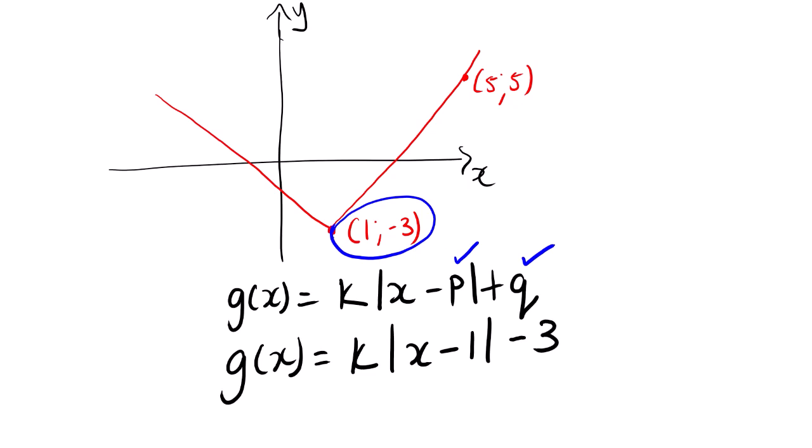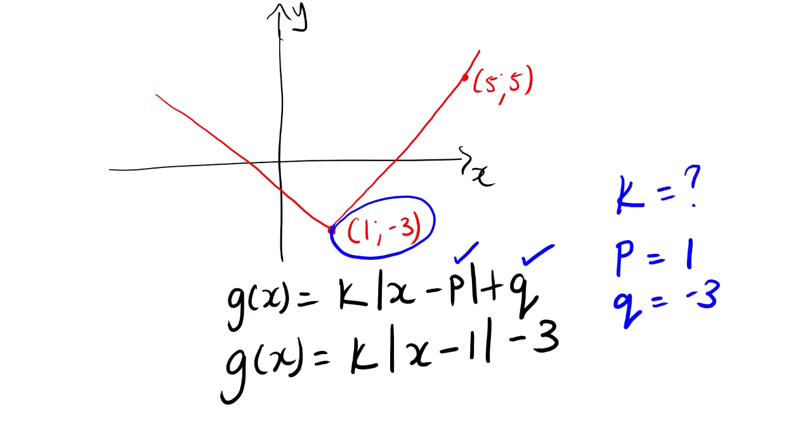So without further calculation, the value of p is equal to 1, and the value of q is equal to -3. So we are left with k.